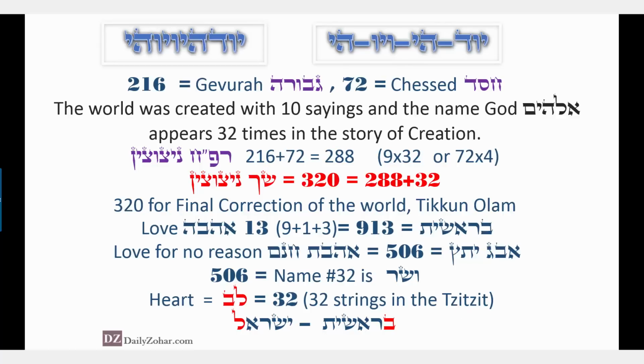Again, it connects us to this love, to the Torah. That's why wearing a tzitzit is like fulfilling all the mitzvot of the Torah. Why? Because it has the 32 paths of wisdom, 32 times the word Elohim appears in the story of creation, and many other things.